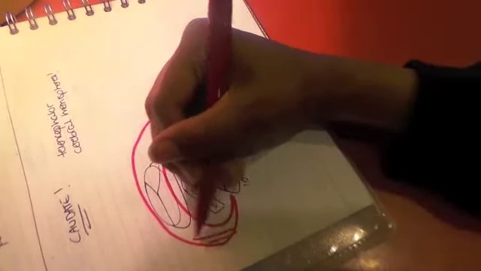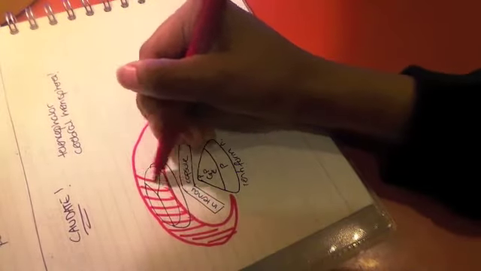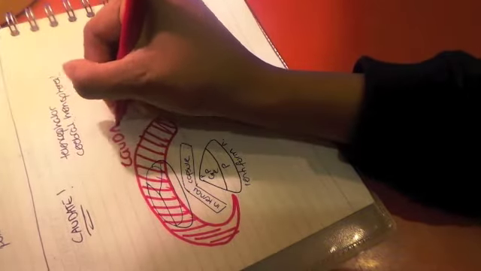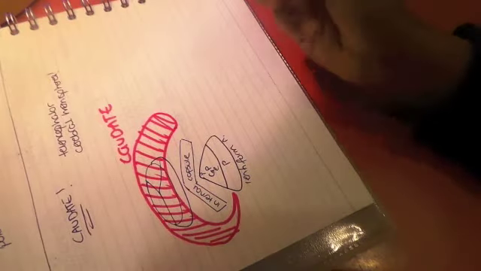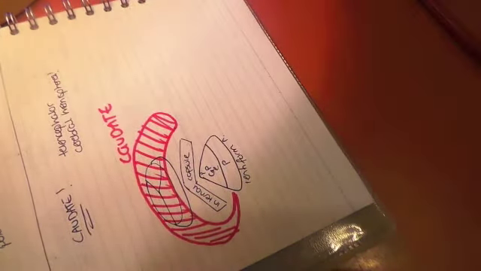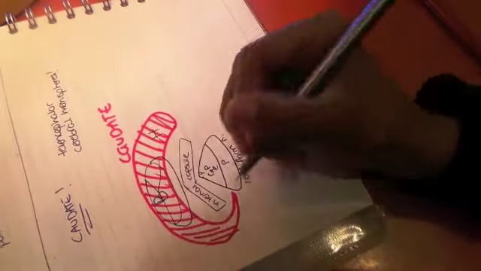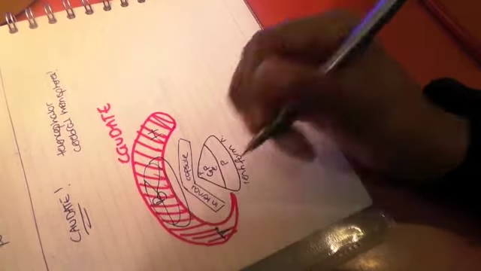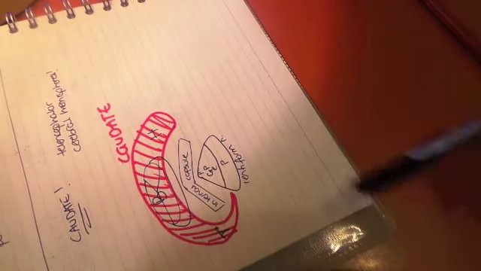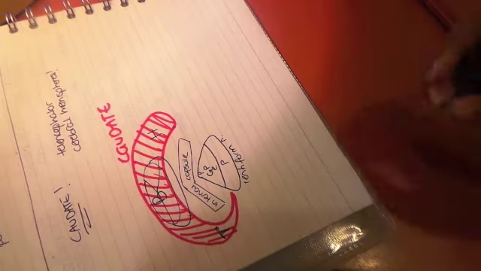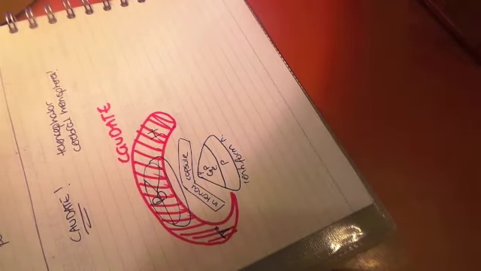So this whole C-shaped structure is your caudate nucleus. This is the head, this is the body, and this is the tail. It is basically parallel to the lateral ventricle, so the major relation it has is the lateral ventricle, because it's following its course.